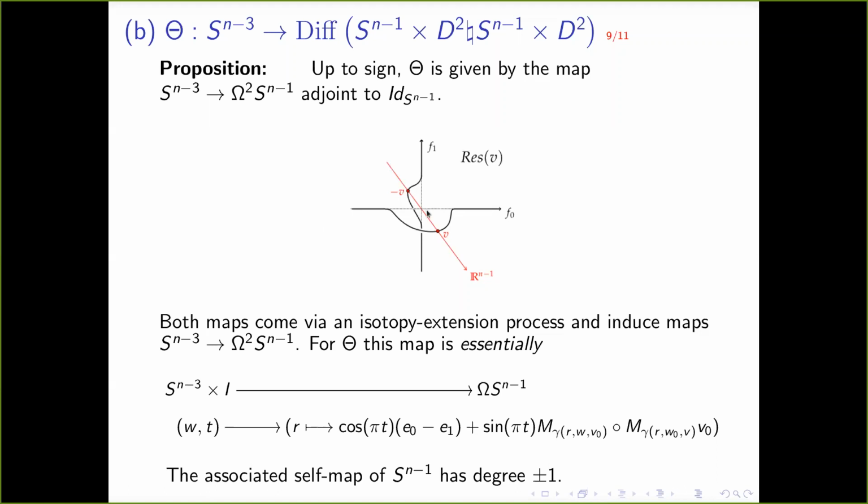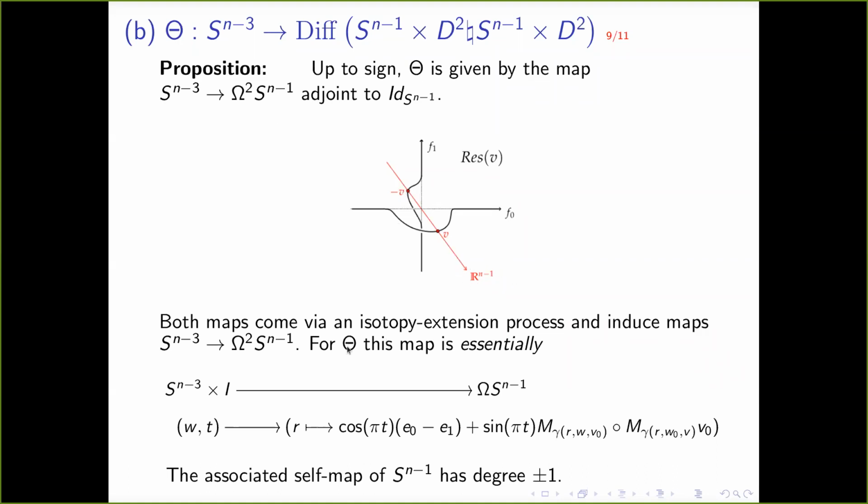The embeddings F1 and F2 that we used to construct Theta, they came from this resolution construction. So those are all fiber preserving embeddings when you project to this coordinate. So you can really think of them as a loop. Instead of embeddings of two intervals, you could think of it as a loop in the configuration space of two points in this R^{n-1}.